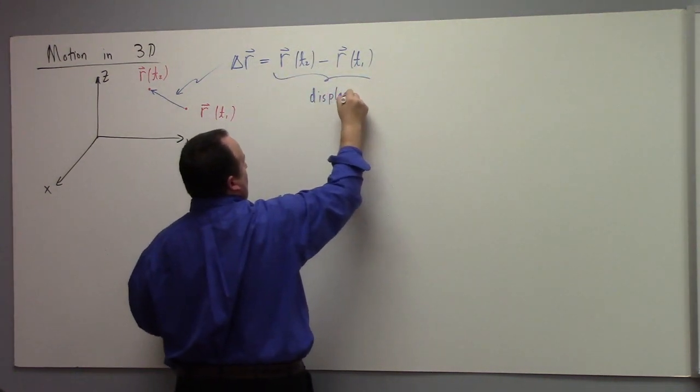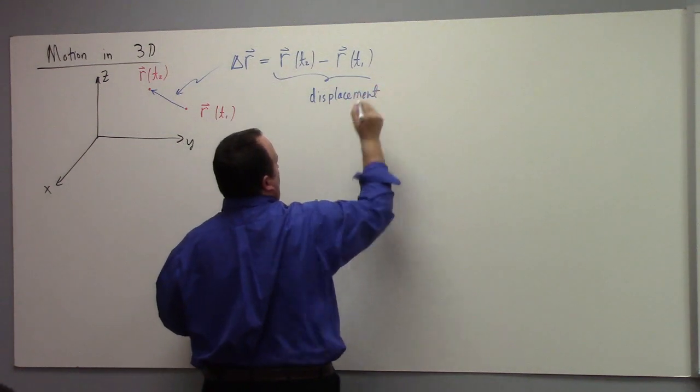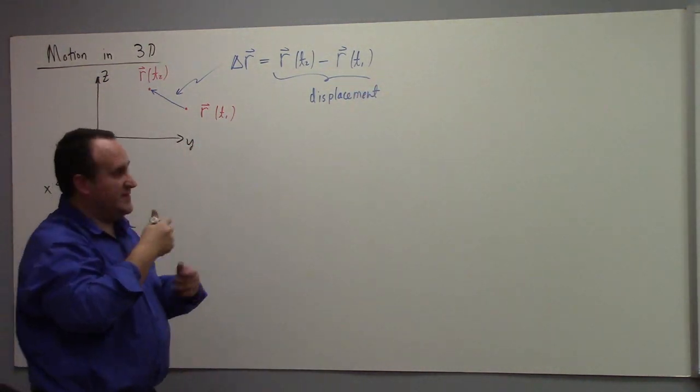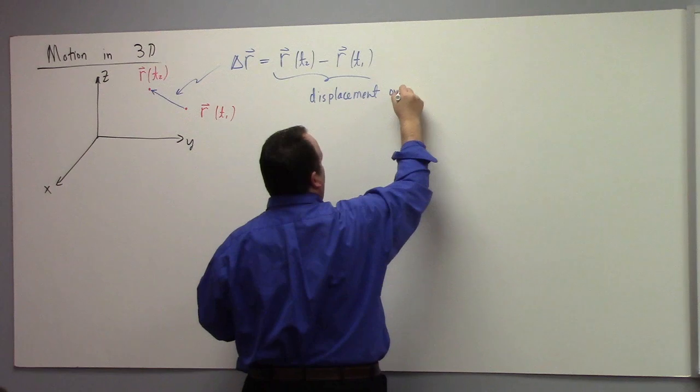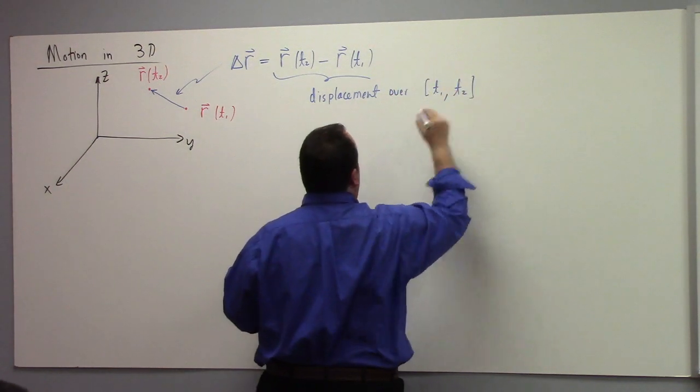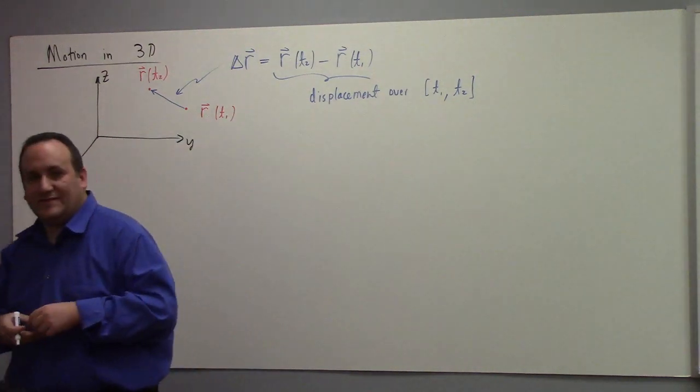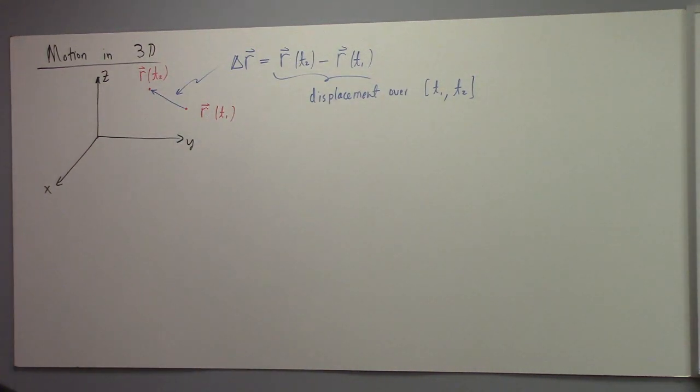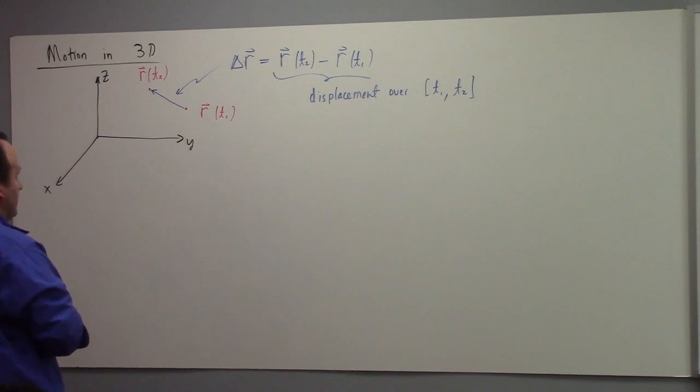So displacement over the time interval t1 to t2, right? Here I'm assuming that t1 is less than t2. An interval of time is also called the duration, all right? So we can talk about the displacement that happened during duration t1 to t2, yeah?